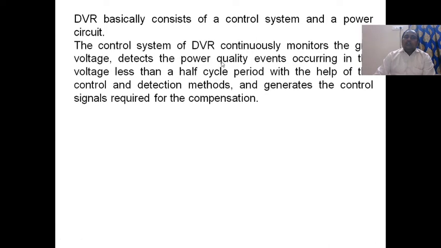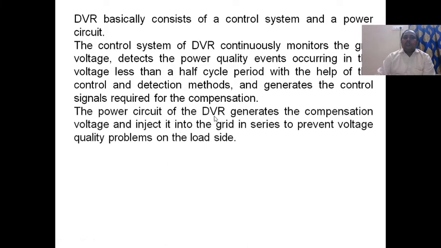The control system of the DVR continuously monitors the grid voltage, detects the power quality events occurring in the voltage in less than a half cycle period with the help of control and detection methods, and generates the control signals required for the compensation.